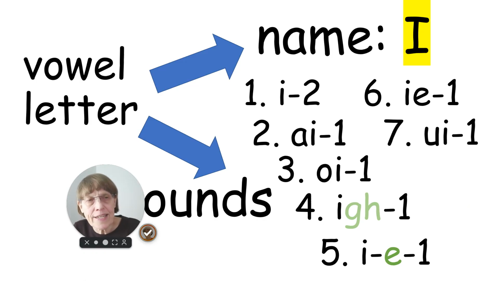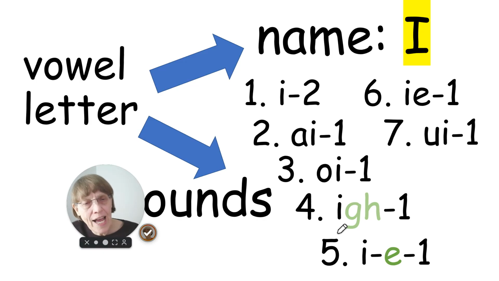For I, we have 7 different vowel combinations. So for number 1, when we have an I by itself, 2 sounds. Can say its name, I, just like in the word hi, or it can say I. But if we have an AI, it says A. If we have an OI, it says OI.